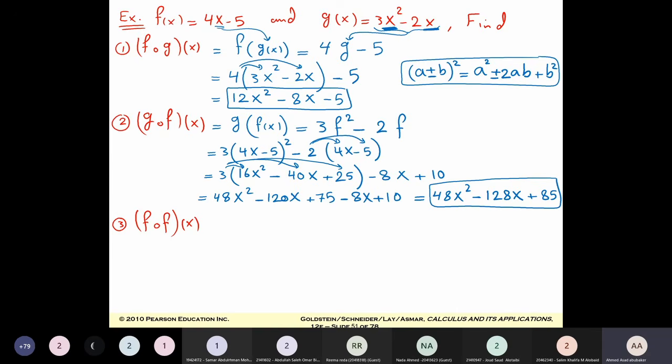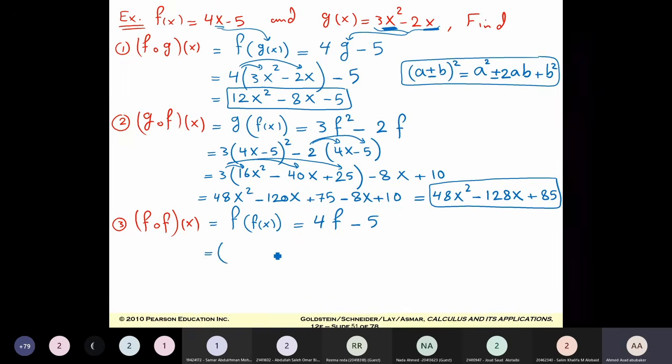Now, f composite f equals f and substitute f of x. Now, what's the function f? This is 4x minus 5. Now, replace x with f. So we have 4f minus 5. What's the value of f?